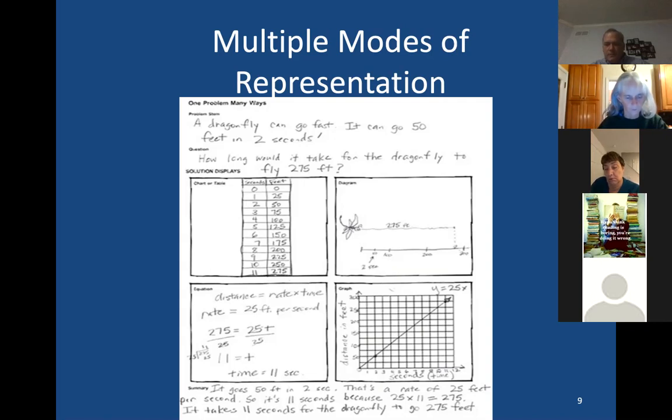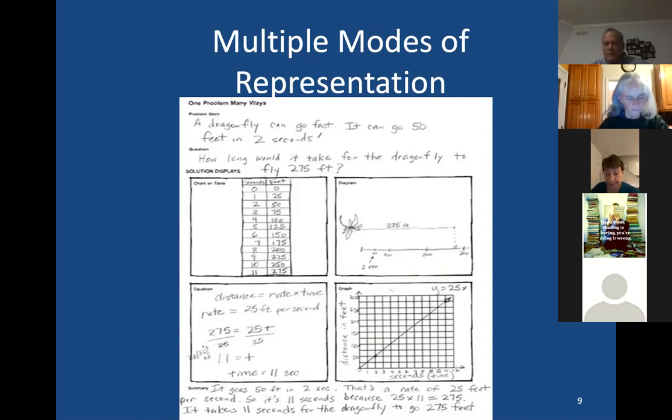They can depict it on a number line, counting by 50s and 25 until they get to 275 feet. We can show them how to build it as a simple equation: distance equals rate times time, and then fill it in and solve the equation. And then we can go over with them how to graph distance over time, and at 11 seconds they'll be at 275 feet.